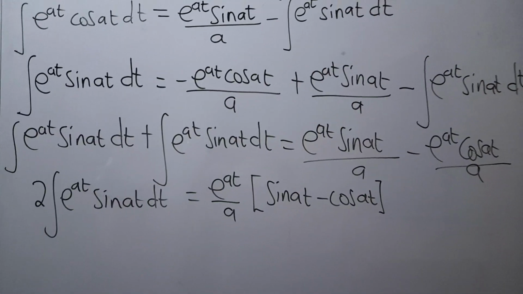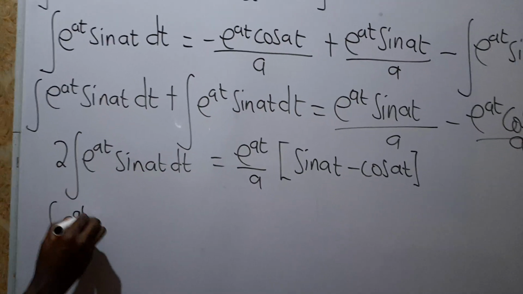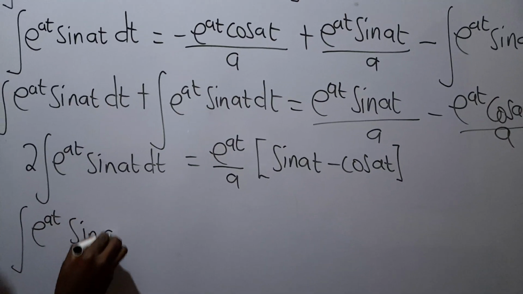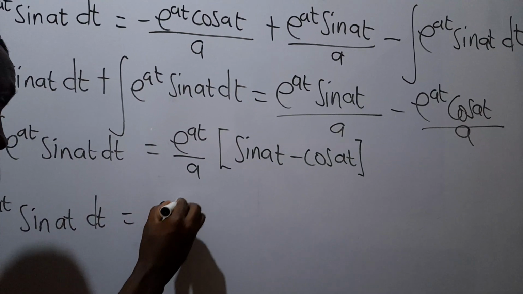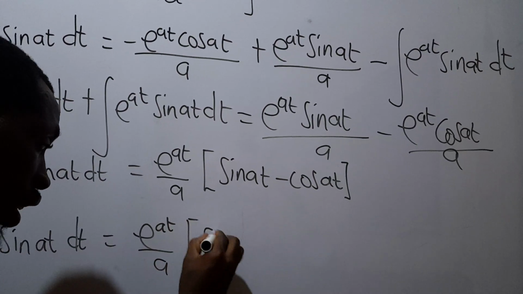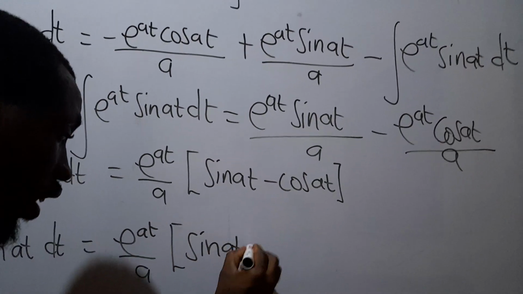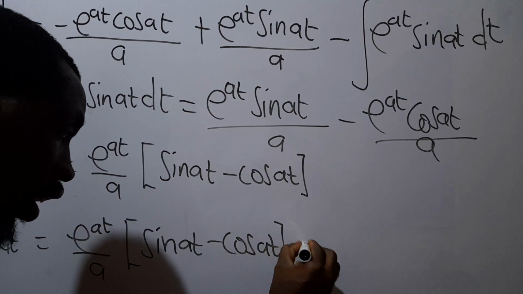Now I'll divide both sides by 2. So I can say the integral of e^(at) sin(at) dt will be equal to e^(at) over a times (sin(at) minus cos(at)) divided by 2.